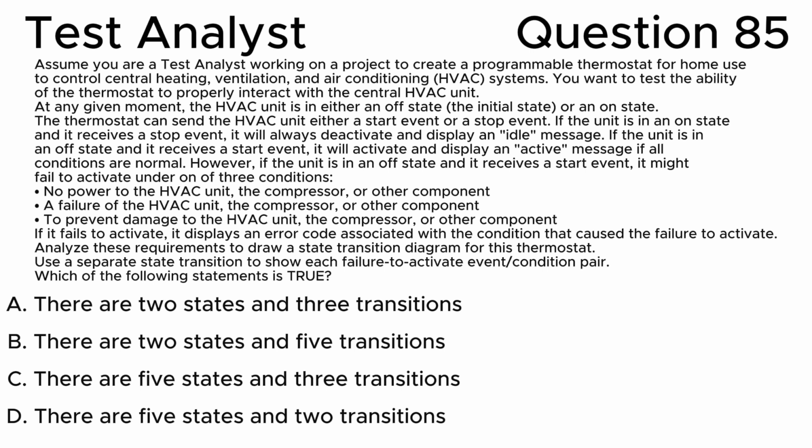However, if the unit is in an off state and it receives a start event, it might fail to activate under off-normal conditions: no power to the HVAC unit, the compressor, or other component; a failure of the HVAC unit, the compressor, or other component; or to prevent damage to the HVAC unit, the compressor, or other component.